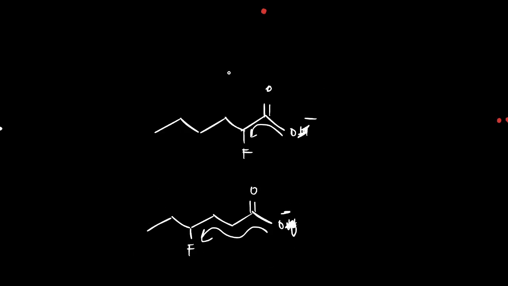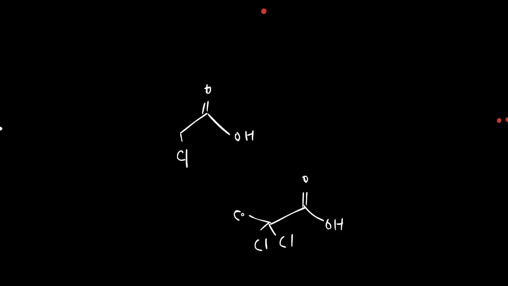And so this one, because the electronegative element is closer, is able to more effectively stabilize that negative charge. So again, in addition to the electronegativity of the element, the proximity of it to the negative charge is another criterion that you must consider when looking at the inductive effect.